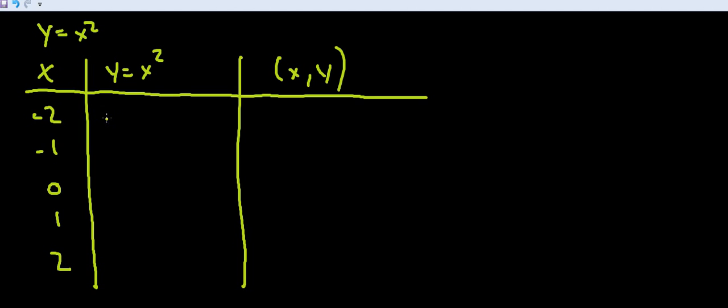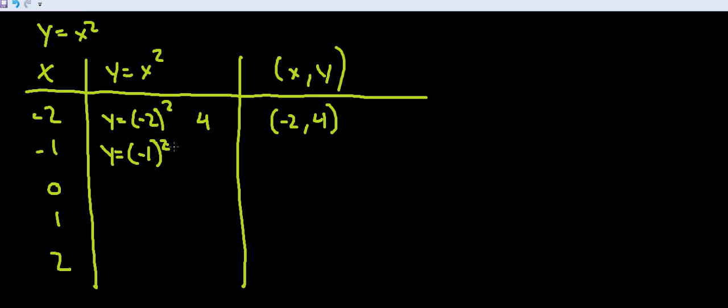So we'll put in -2. y is equal to -2 squared. And remember, -2 squared is going to be a positive number because a minus times a minus is a positive. So -2 times -2 is equal to +4. So we get the point -2, 4. For -1, -1 squared.